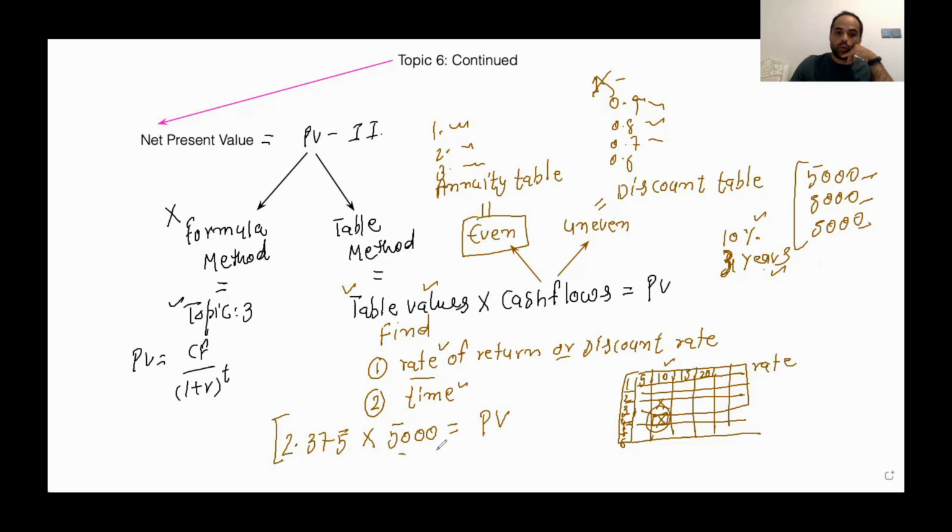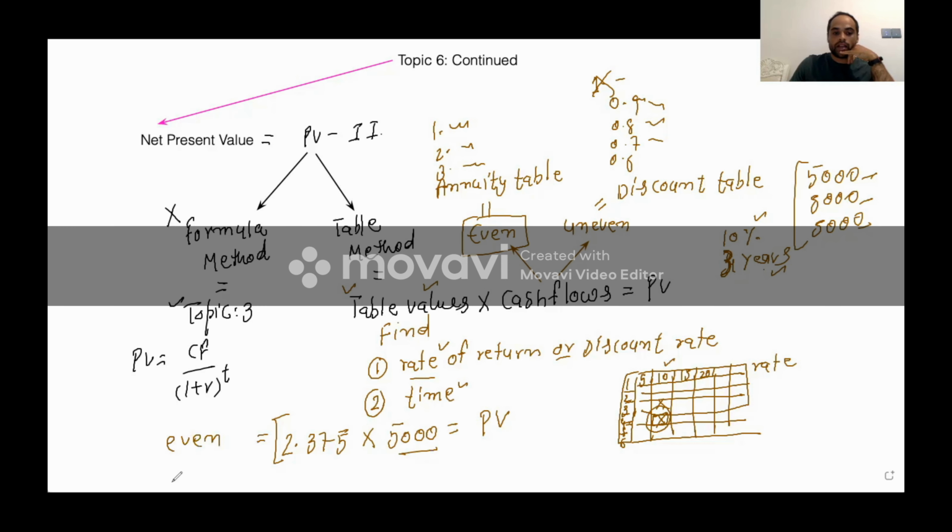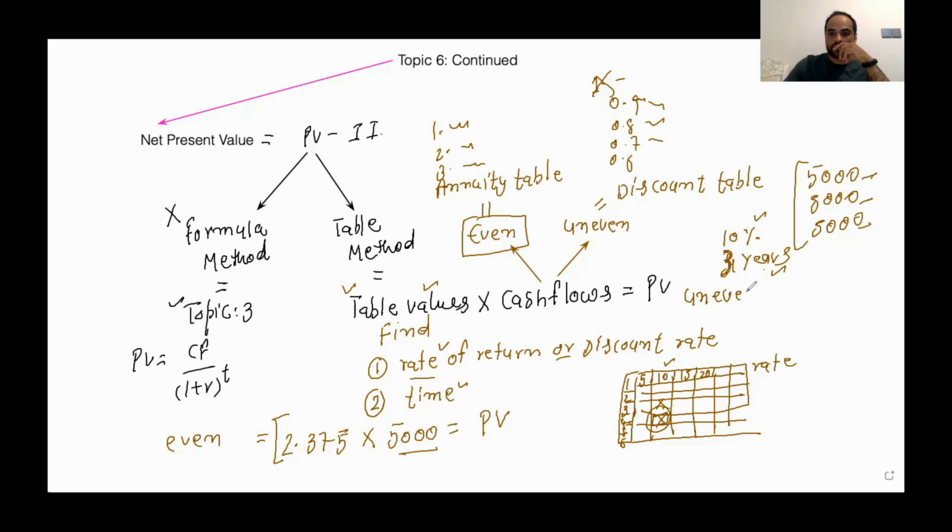So this is the way you calculate with even cash flows. You will use only one cash flow; you're not going to write second, third, and fourth. This is for even cash flows. If your cash flows are uneven, let me write it down.